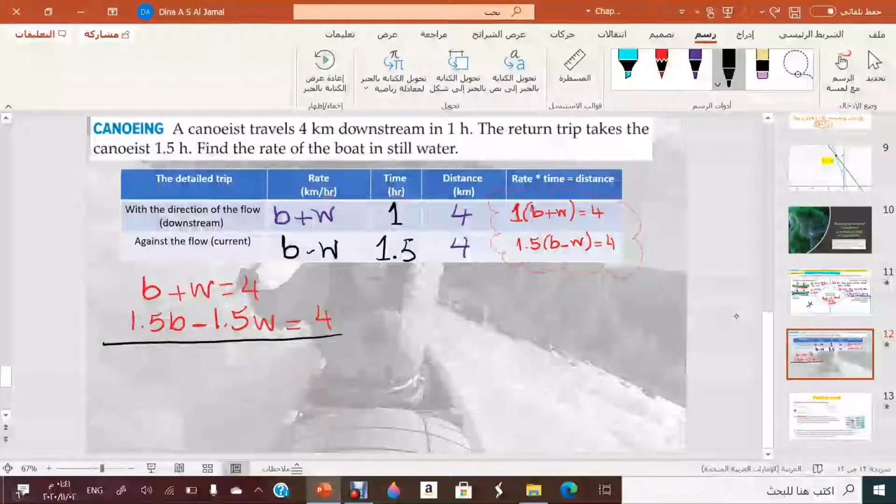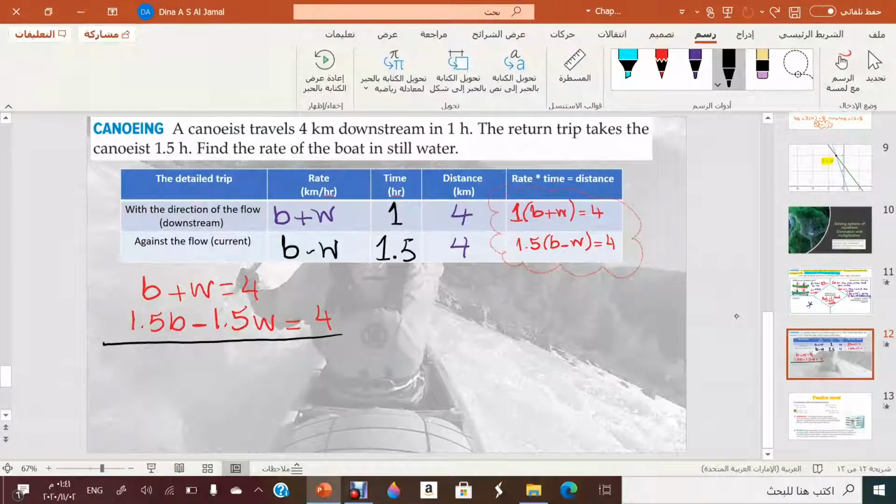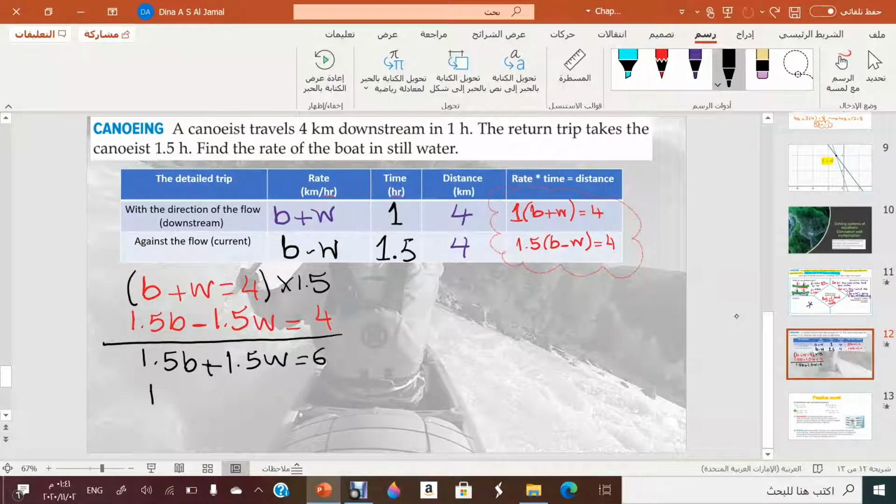So let's focus on the W. I would like to multiply the first equation by 1.5 and eliminate the W. So it will be 1.5B plus 1.5W equals 6. Then this one, put it as it is, you didn't change anything in it, equals 4.